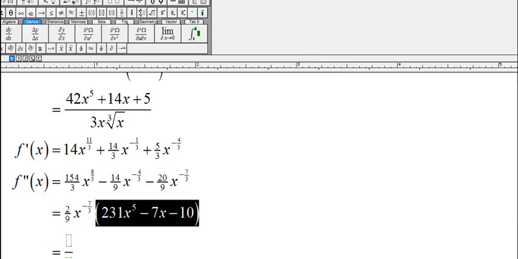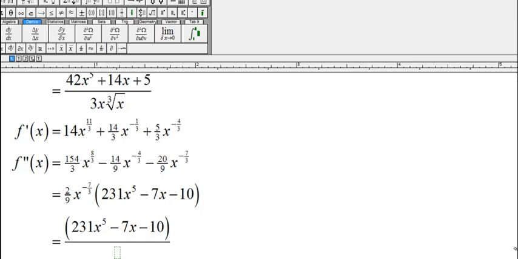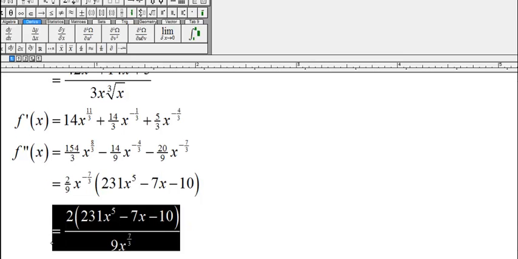So that becomes the numerator, along with the 2, which is in the numerator. The denominator has a 9, and we have an x to the 7/3 in the bottom, which is now a positive 7/3 power.